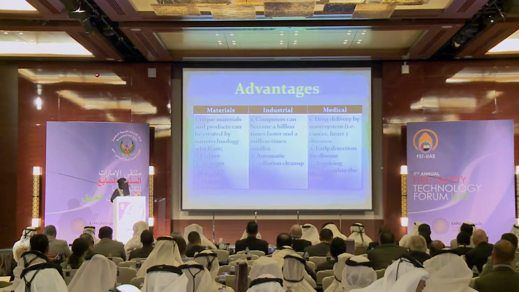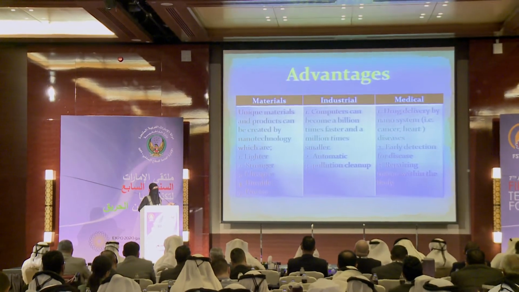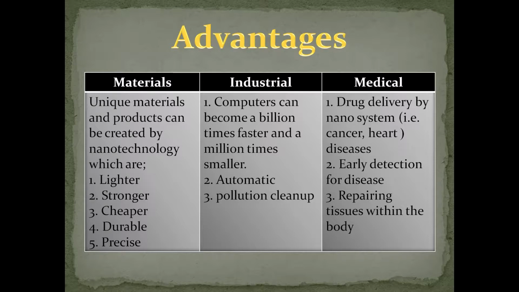In medical, drug delivery or nanotechnology can be applicable in medical applications, like in cancer or heart disease. So it can help cure and detect lots of disease in a more efficient manner than the conventional ones.